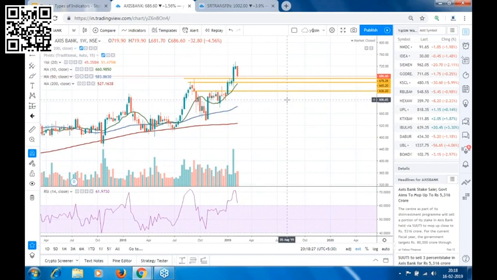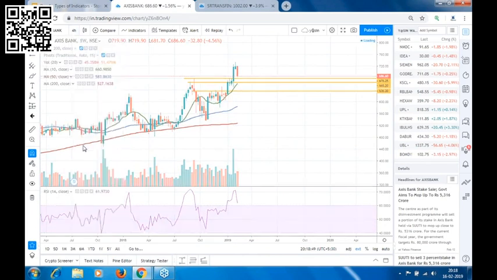So if you get any support or resistance on a weekly time frame, that is considered to be a very strong support or resistance. Now see, in weekly time frame, this is your support area. So we can short only once this is broken. 678.